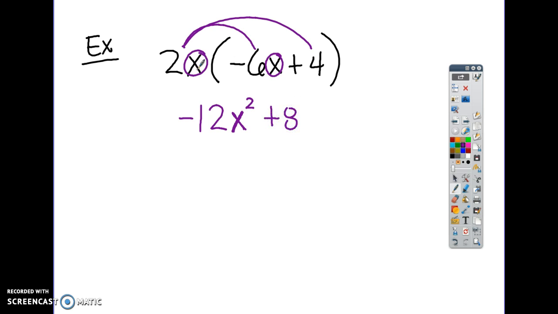Right? But this one has an x, this one doesn't. So how many x's do you see? You see one x. So this one has 2 x's because there was 2 x's. And this one has 1 x because there was only this 1 x. And this one didn't have an x. And that would be the answer that you would be looking for on the test.